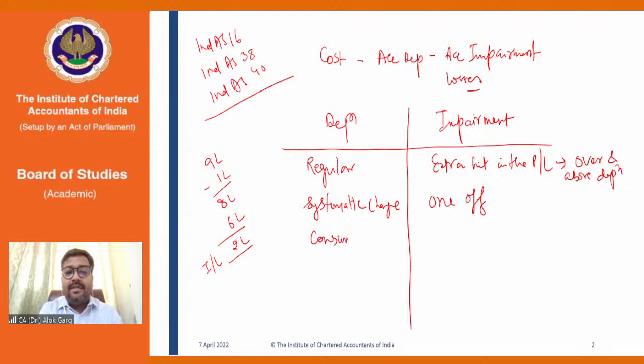So depreciation is consumption based, and impairment is event based. In my example of car, due to this government announcement, the market value of the car has gone down. But do you think that the performance of the car will go down after this announcement?